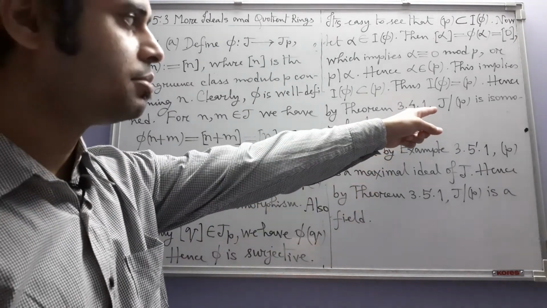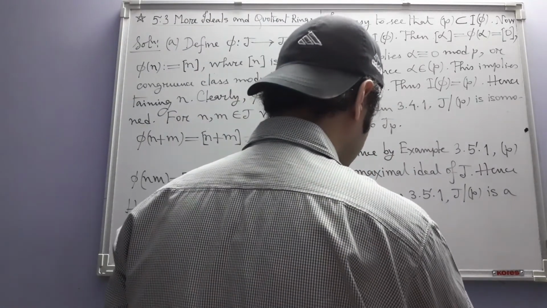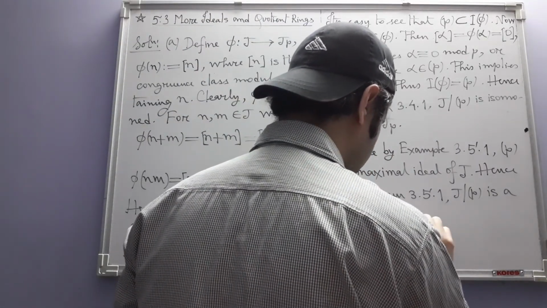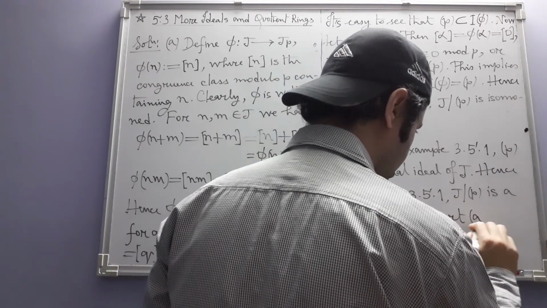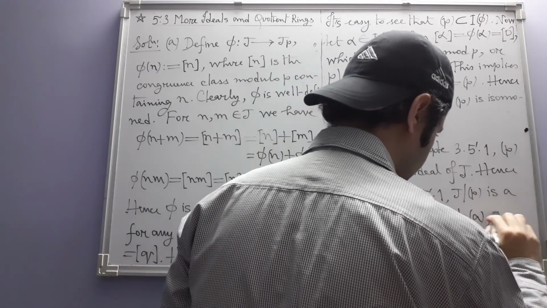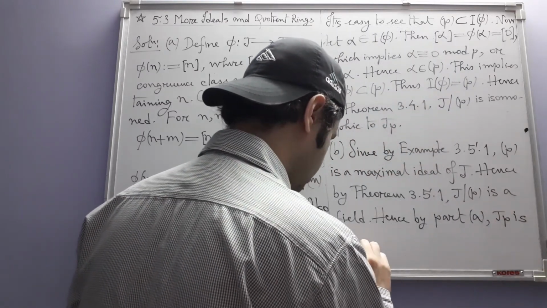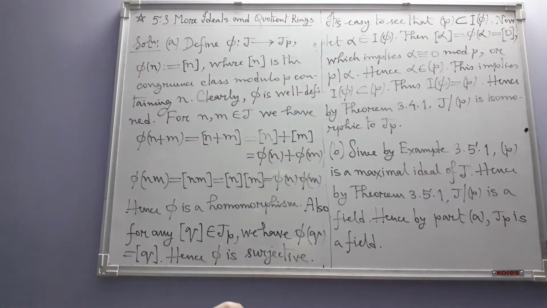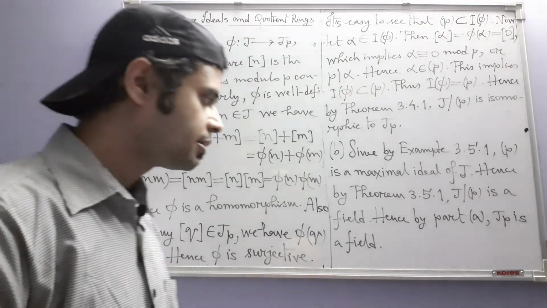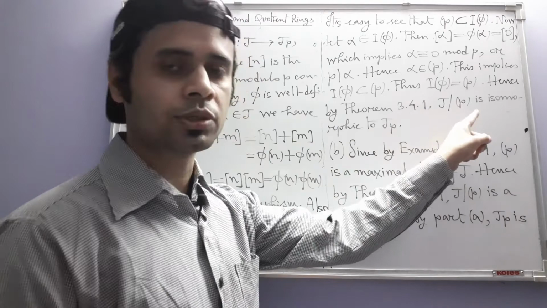So if one of them is a field, the other will also be a field. Hence, by part A, J_p is a field. We already know that J_p is a field before this exercise, but this is another way of proving this. And in fact, here we have identified J_p as a quotient ring.